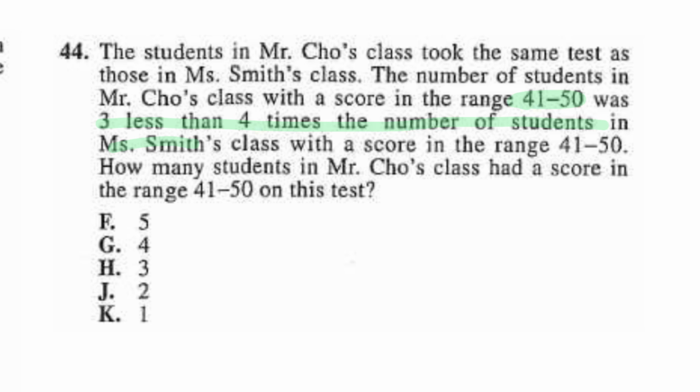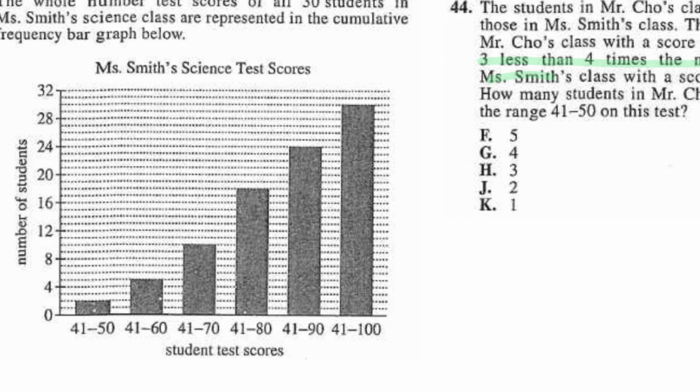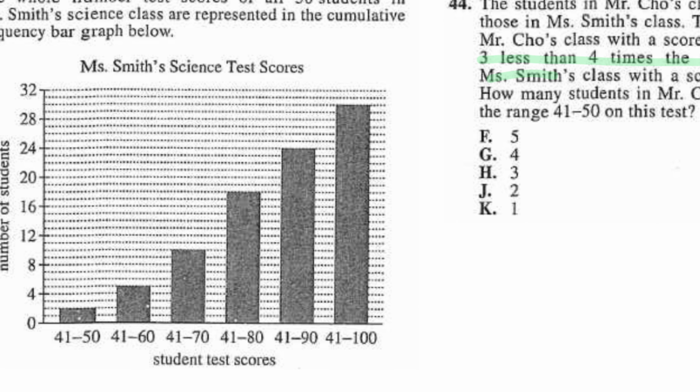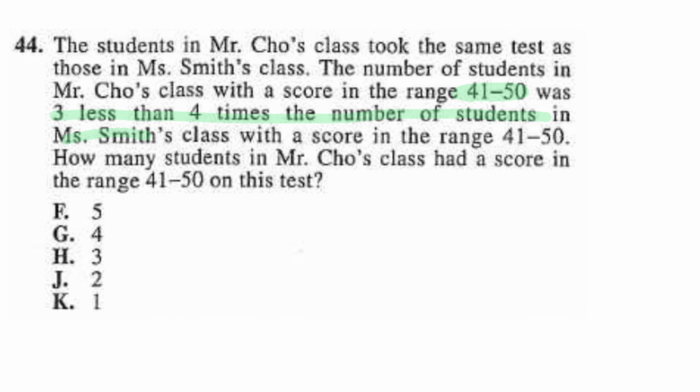How many students in Miss Cho's class had the score in the range of 41 to 50? So what we need to first do is identify how many students had the score from 41 to 50 in this class. And luckily for us, it's the very first option. So 41 to 50 would be 2 students. 2 students from Miss Smith's class. So the value we're looking for, Smith's class, is 2.